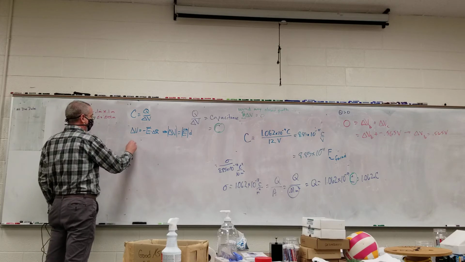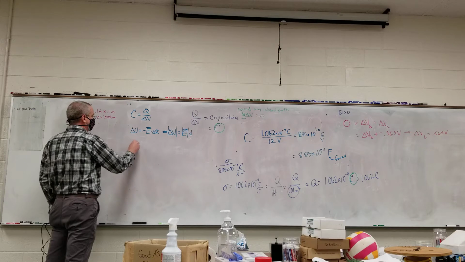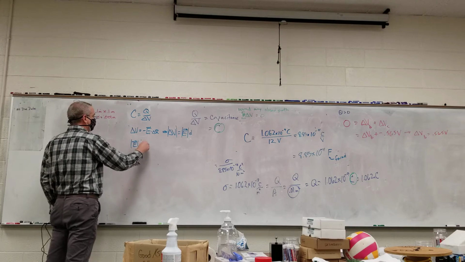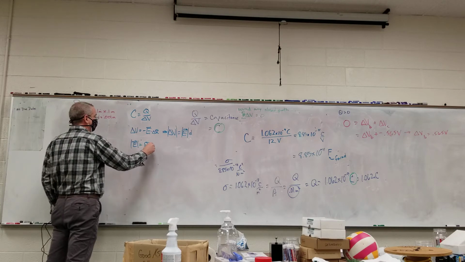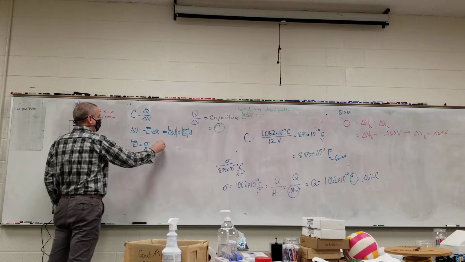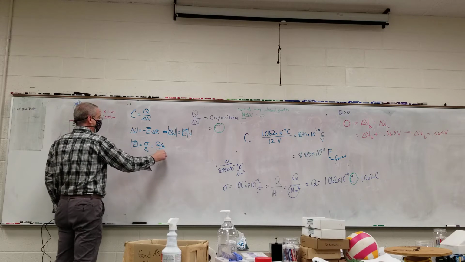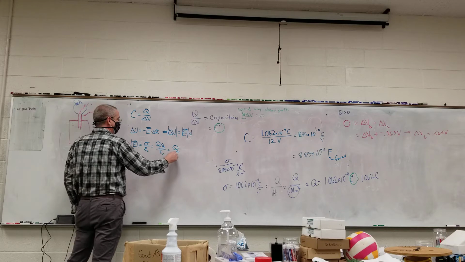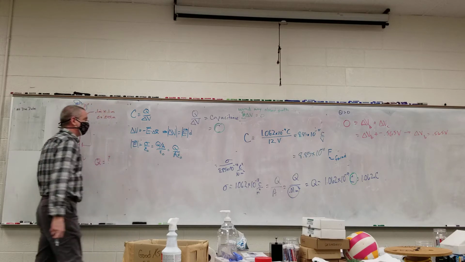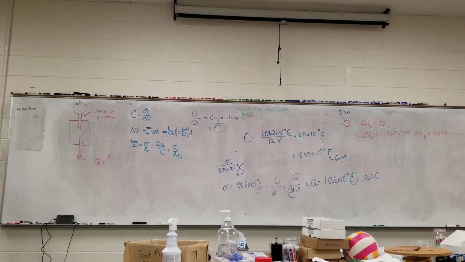I have that my electric field magnitude is sigma over epsilon sub naught, which is Q over A over epsilon sub naught, which is just Q over A epsilon sub naught. That pretty much sums it up.